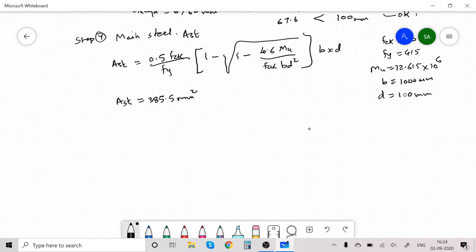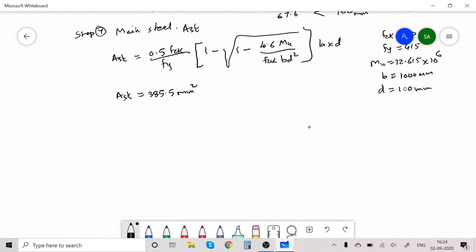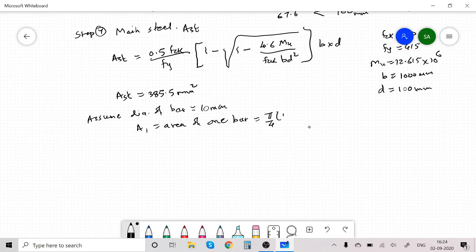Now after finding AST, let us assume diameter of the bar. Assume diameter of bar as 10 mm. A1 is the area of one bar, that is pi by 4 into 10 square, that is 78.5 mm square.